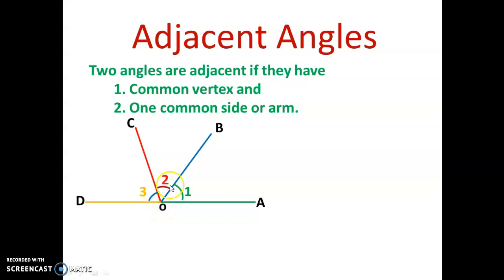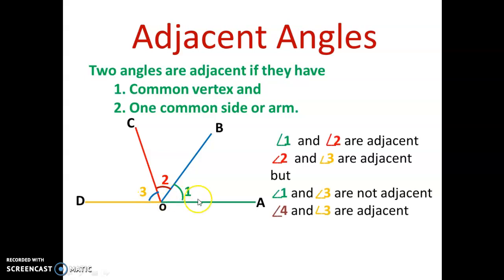So these 2 and 3 are adjacent. But angle 1 and 3 are not adjacent because they are not sharing a side. They have only a common vertex but not a common side.